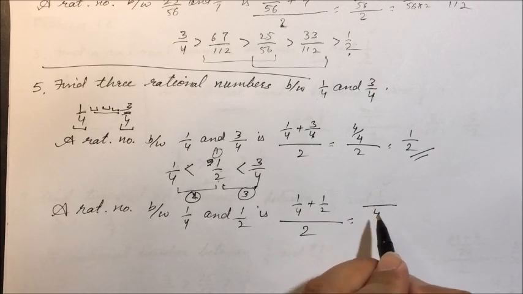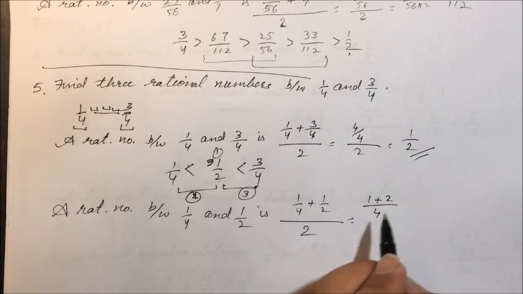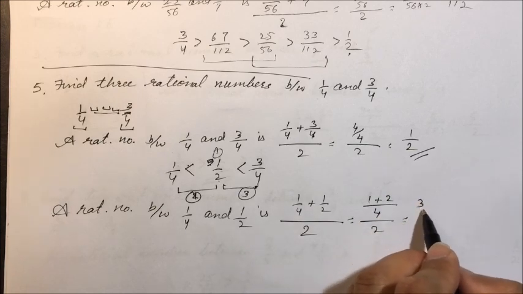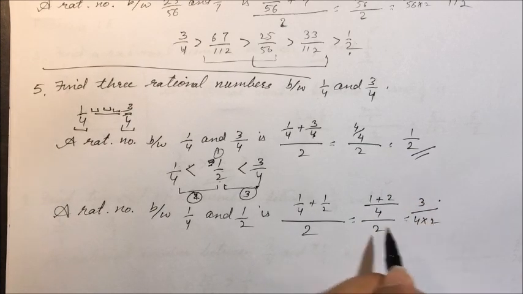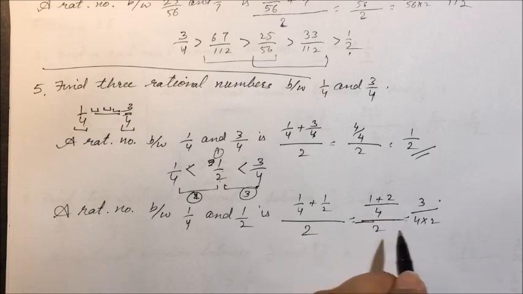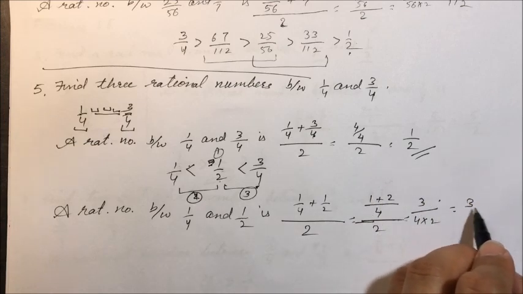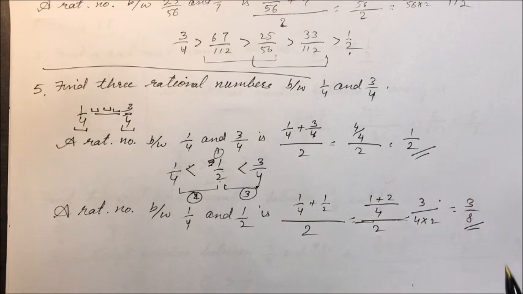So take the LCM 4, 1 plus 2 divided by 2. 3 divided by 4, into 2. This whole divided by 2. 3 upon 8. Second rational number we inserted.